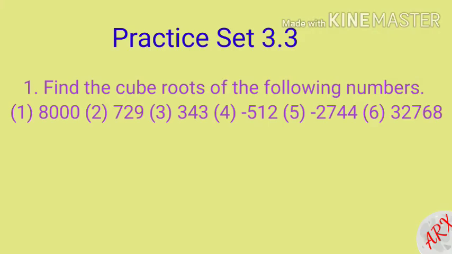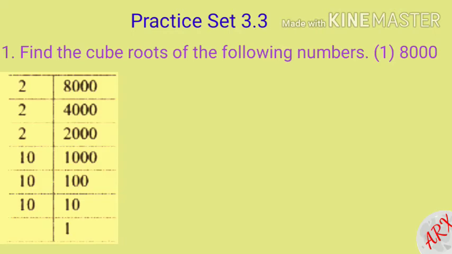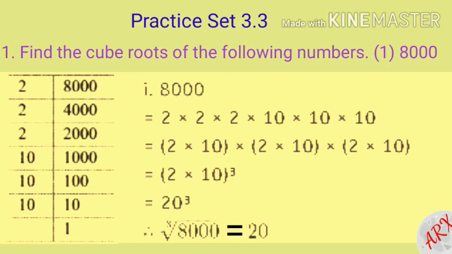Now we will move on to practice set 3.3. Question number 1. Find the cube roots of the following numbers. First, 8,000. First, we will put factors of 8,000 that you can see on the screen. After putting factors, we will get 2 into 2 into 2 into 10 into 10 into 10.